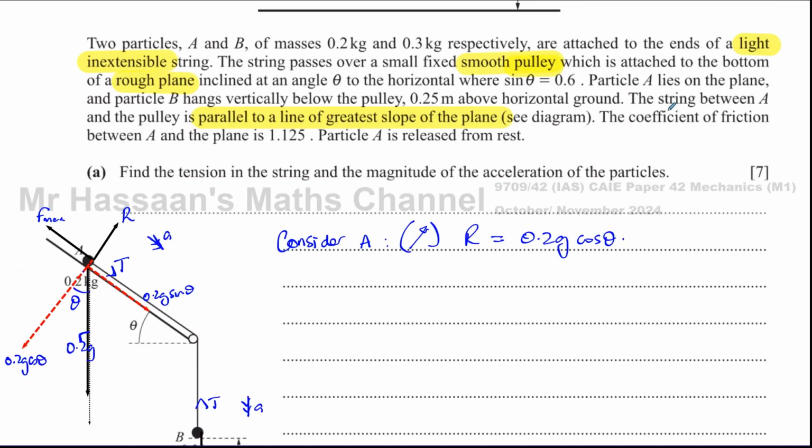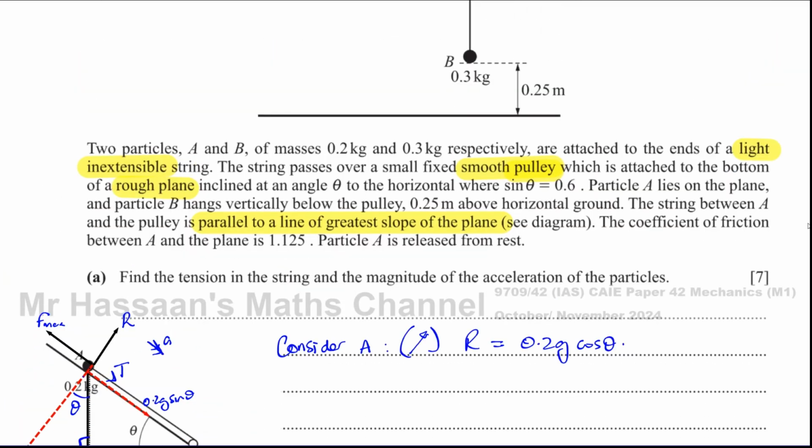And we know from here that the sine of theta is 0.6. Now, when you're given the sine of theta, you can find the cosine of theta very easily, which you will normally need. If I make this into a fraction, I can say the sine of theta is 6/10, which is 3/5. Now, if the sine of theta is 3/5, we can just think about Pythagoras' theorem here, because if this is theta, the sine of theta has a value of 3 opposite over 5 hypotenuse.